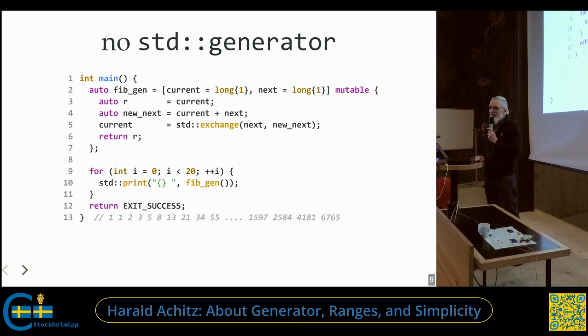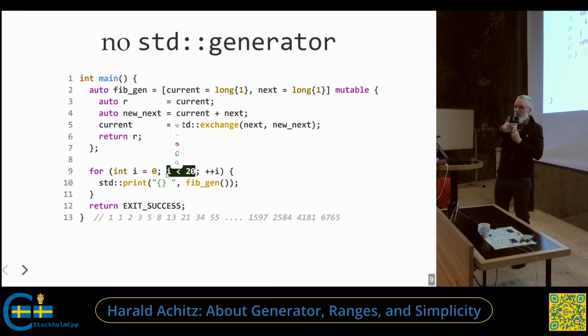And then I wrote this, and I had the same Fibonacci generator. And of course, it prints the same results. It is of course a little bit hard-coded with this 20, but you can imagine that you could put the whole code here into a function that takes this here as an argument, binds it, returns this lambda, and have this whole thing as a generator.